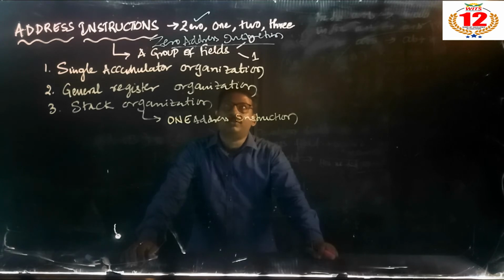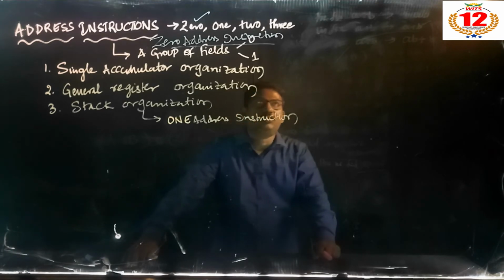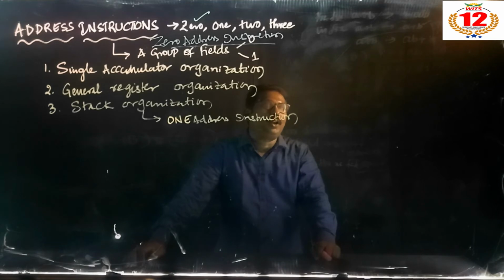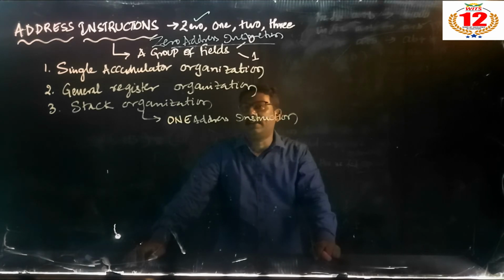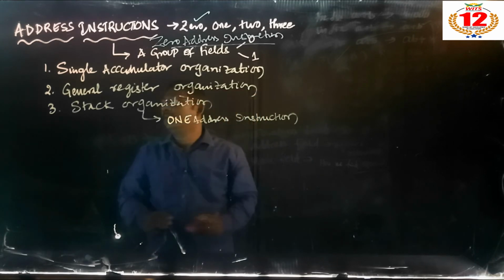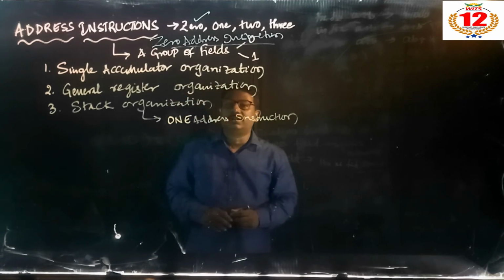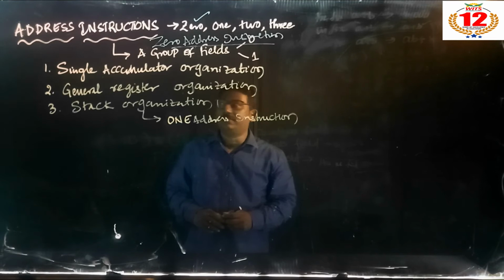The accumulator register for the data multiplication. One operator is for accumulator and other is for the register. And this register or the memory address location will be implied.